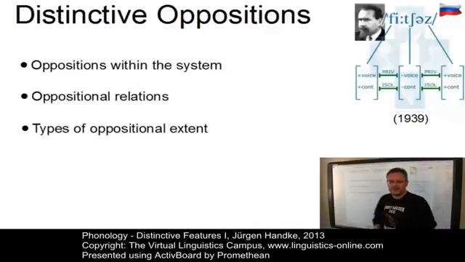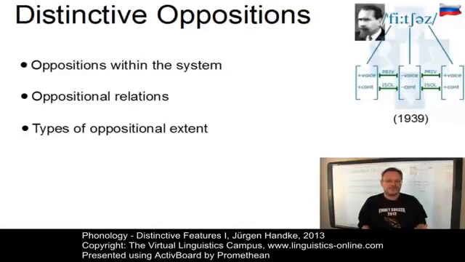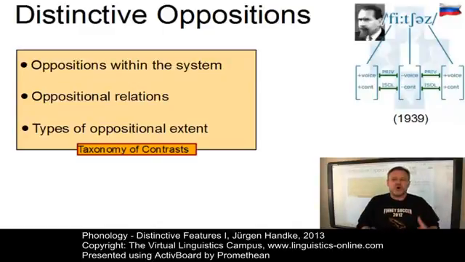The theory of distinctive oppositions goes back to Nikolai Trubetskoy in 1939. It was an attempt at classifying the properties of distinctive contrasts operative in natural languages. Trubetskoy defined a taxonomy of phonological contrasts, that is, of meaning-changing oppositions.